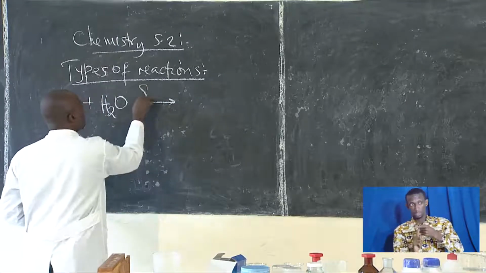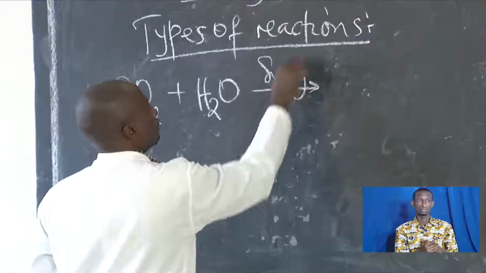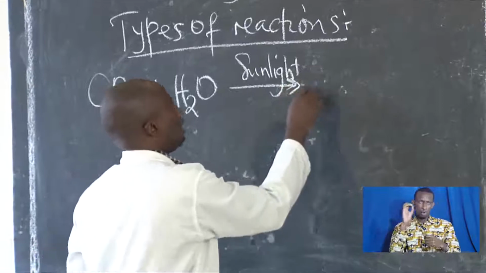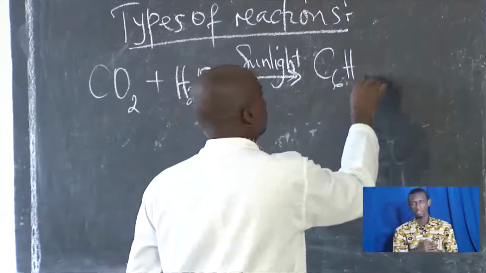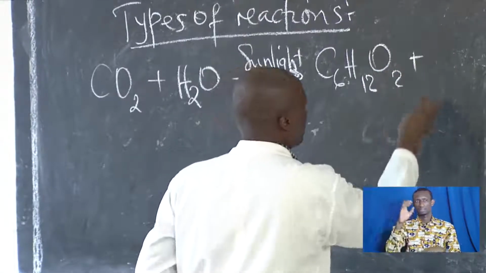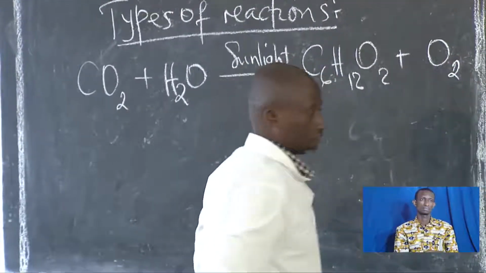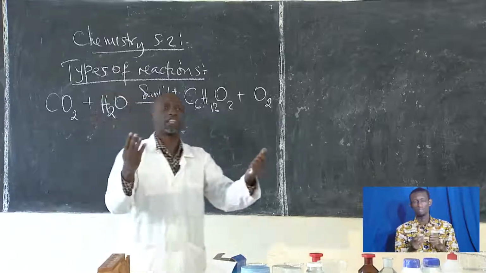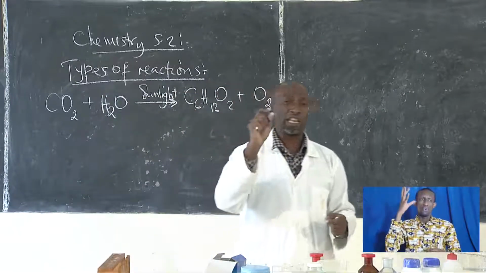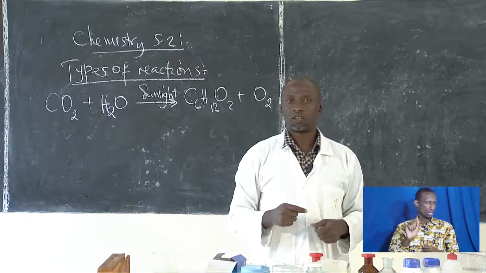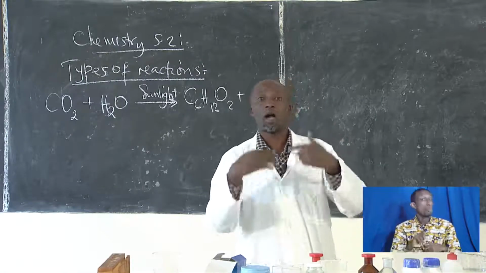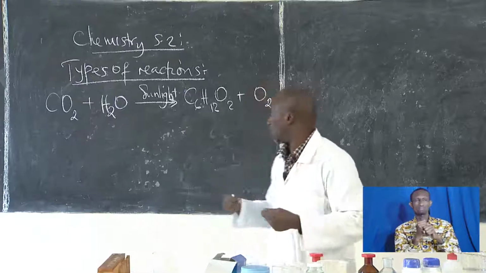This takes place in the presence of sunlight and then gives the food, plus the oxygen gas. So in all reactions, please, you need to always balance the reactions. When you write a reaction, you have to make sure the reaction is balanced.